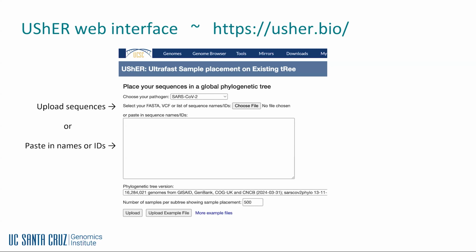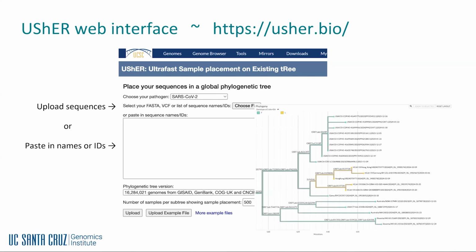And we'll give you the subtrees so you can see the most closely related sequences and what makes them different from your sequence. And the best thing about it is it links out to Nextstrain for viewing. So you can view these subtrees interactively in Nextstrain's great viewer. And now we also link out to CDC's MicrobeTrace tool.